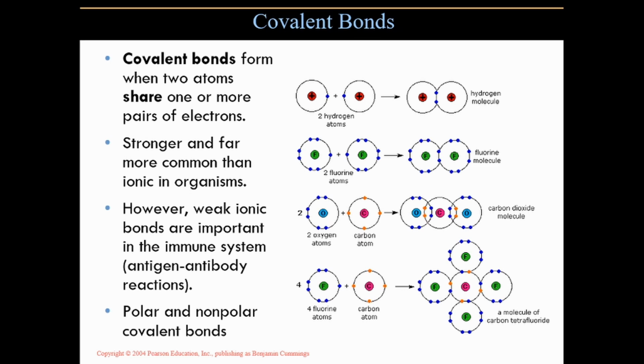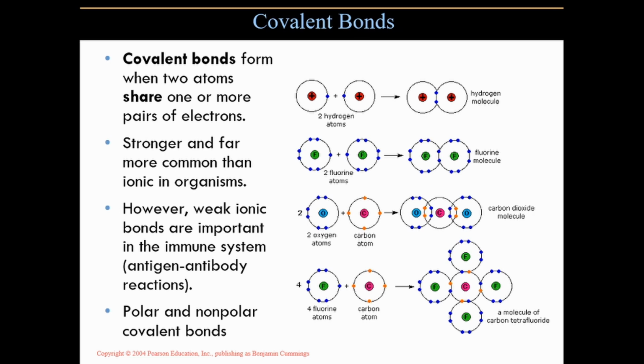So as I said with the polar covalent bond, where it's pulling the electrons closer to one atom, that atom will develop a slightly negative charge, while the other atom will develop a slightly positive charge in comparison. So it's not an ionic bond.